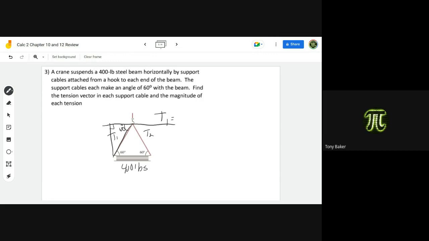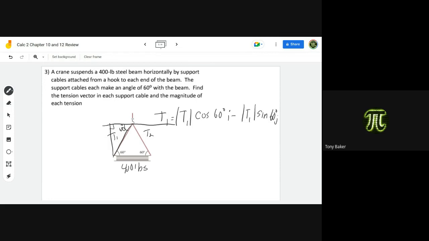So we have T1, the magnitude of T1 times, for the X it's cosine 60 degrees I, and then it's plus T1 sine 60 degrees, oh, sorry, minus J. And it's minus because it's down.